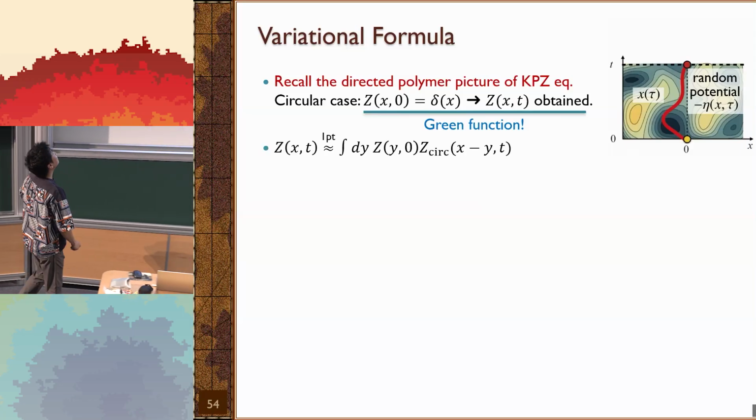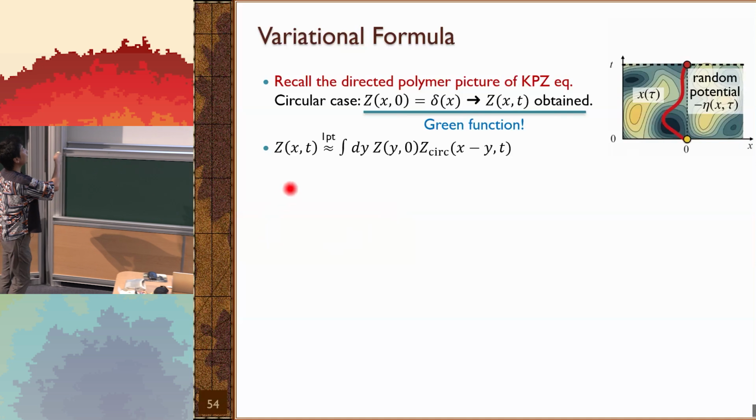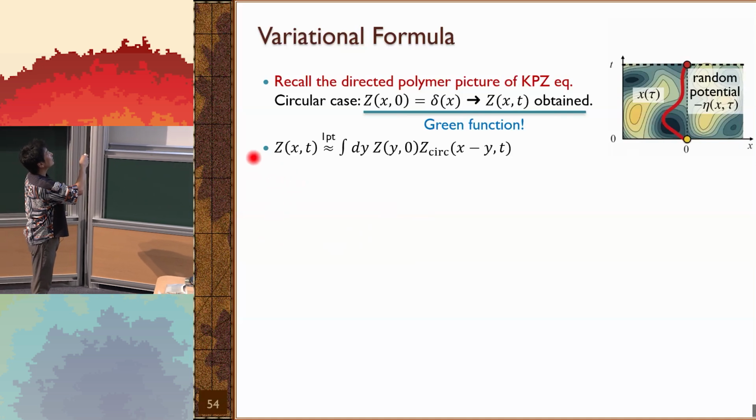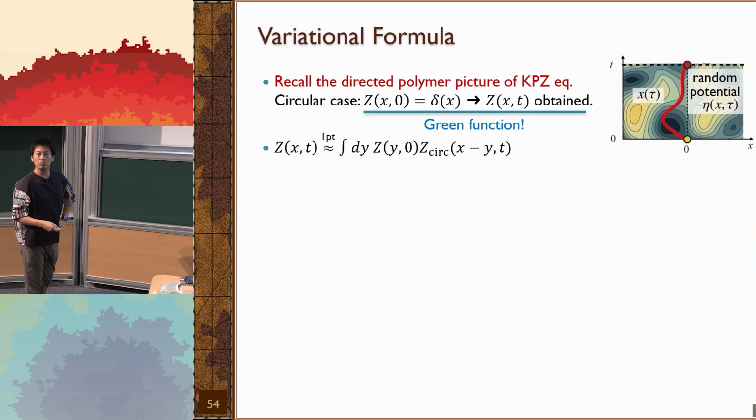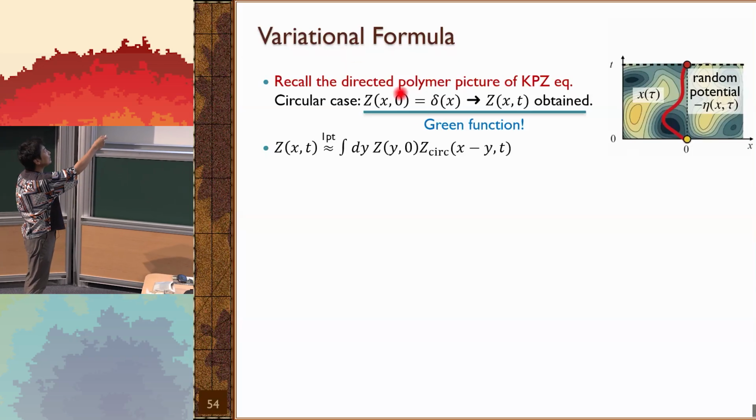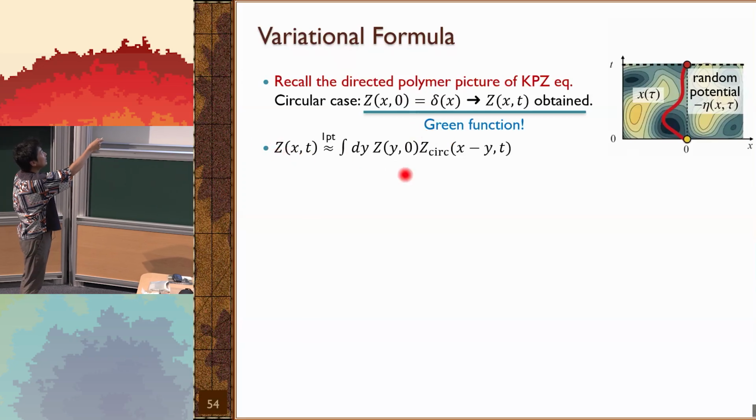So by using this fact, actually we can show that Z from arbitrary initial conditions can be obtained in this kind of form. I remind you that Z is a solution to the stochastic heat equation, which is a linear equation. So we can use the technique of the Green function. The result for Z of x, t can be expressed by using the Green function in this way.